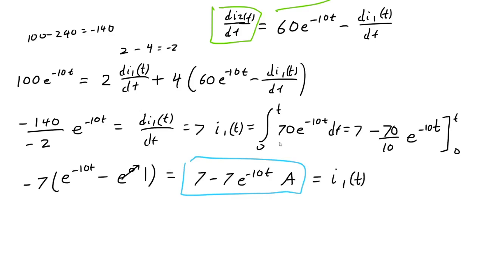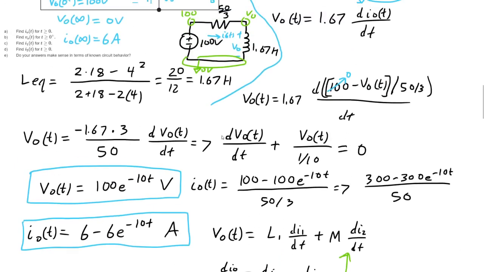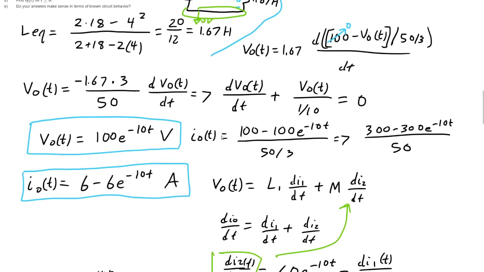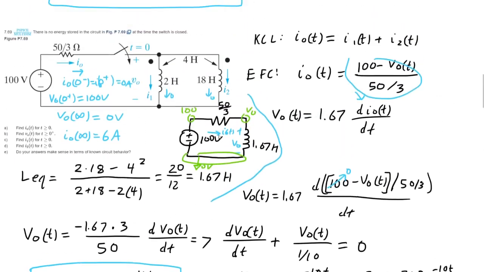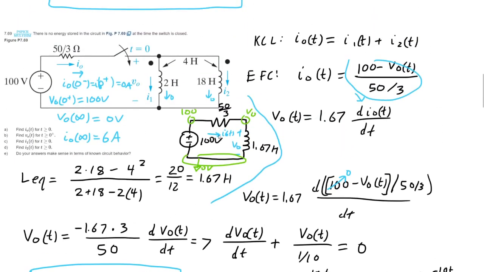So this might be a little bit confusing because we're at 7 amps, but our maximum current for I0 has to be 6 amps. And you're right. The reason why the I2 current is going to end up being negative is because the inductors' fields are interfering in such a way that this one is pushing, the other one is not.